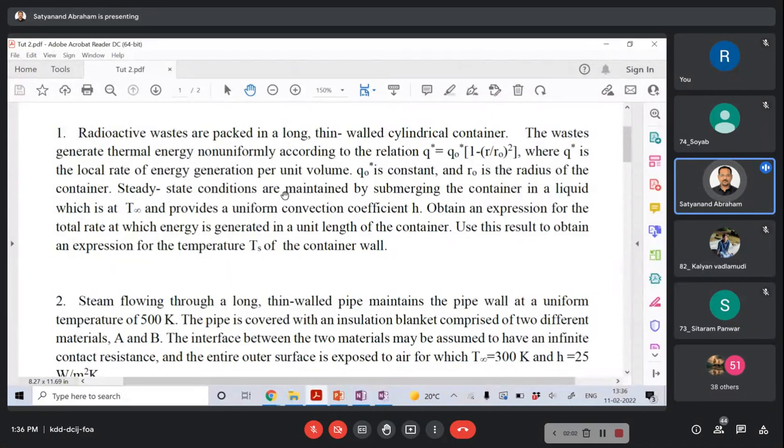The steady state conditions are maintained by submerging the container in a liquid which is at T infinity and provides a uniform convection coefficient h. Obtain an expression for the total rate of heat generation per unit length, and also use this to obtain an expression for the temperature Ts of the container wall. Okay.